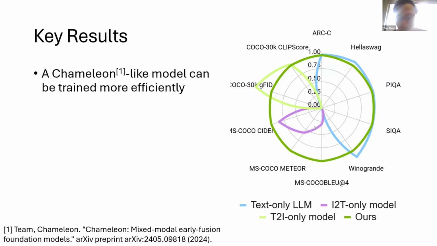And for the image generation, we are looking at text to image. So we show the performance on generation on Coco 30K in terms of CLIP score and generation FID. For the understanding capability on the visual side, we are looking at image to text, which is image captioning.